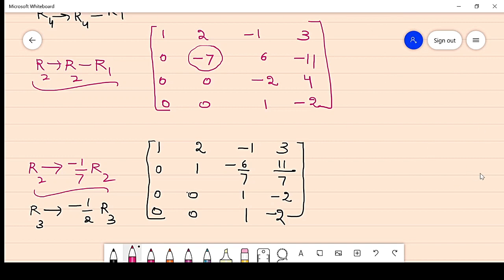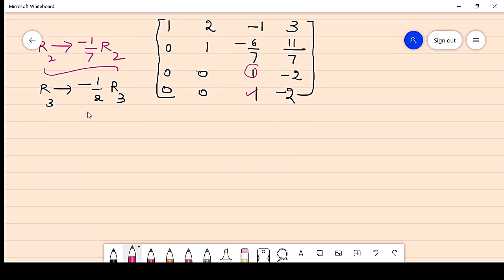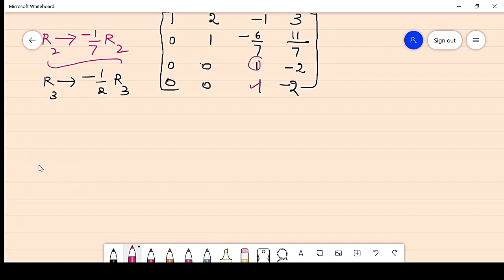Now the diagonal entry is a 1, so my purpose is to make it 0. So to make it 0, I apply the operation R4 minus R3.